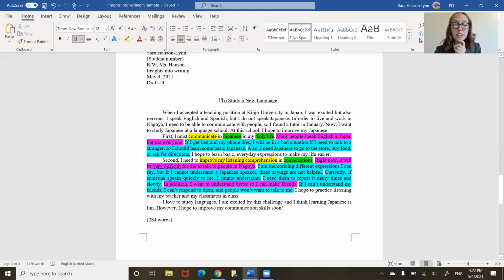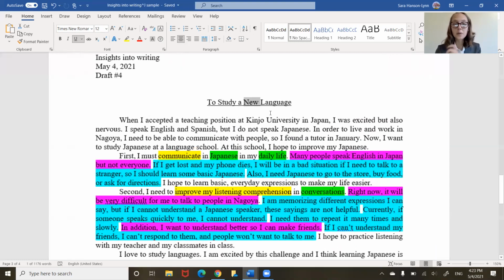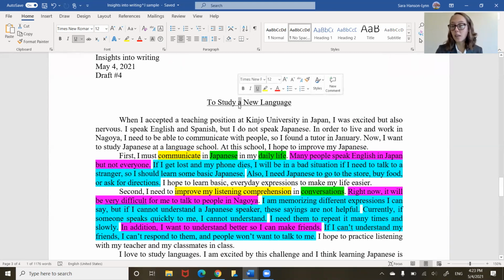Is the first word capitalized? Are the important words, the nouns, the adjectives, the verbs, capitalized? And then are the other ones not? Is it a full sentence? So check your concluding sentence, check your title.